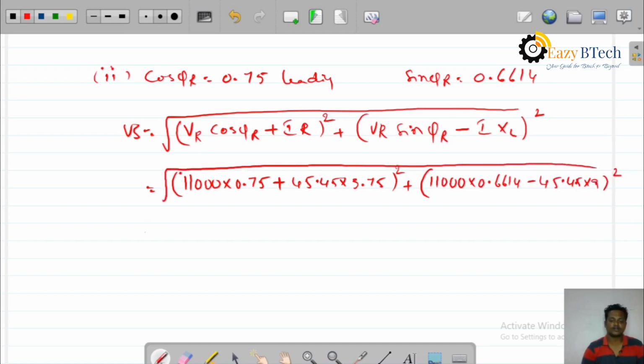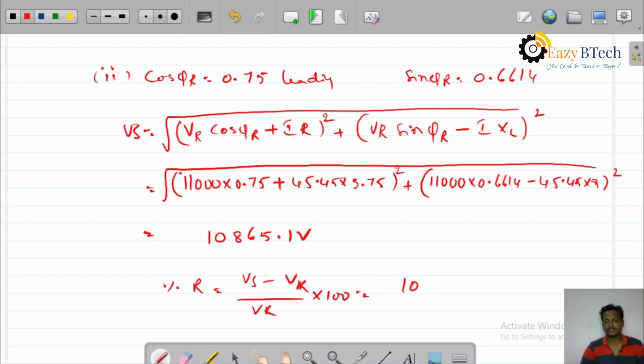We get Vs as 10,865.1 volts. Therefore, percentage regulation equals Vs minus VR by VR into 100, which is 10,865.1 minus 11,000 divided by 11,000 into 100.